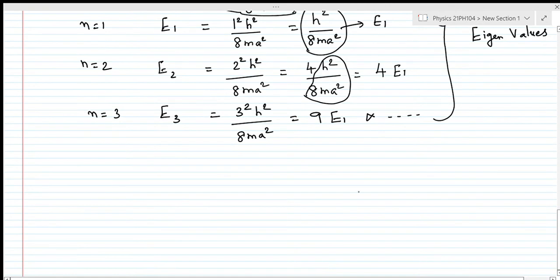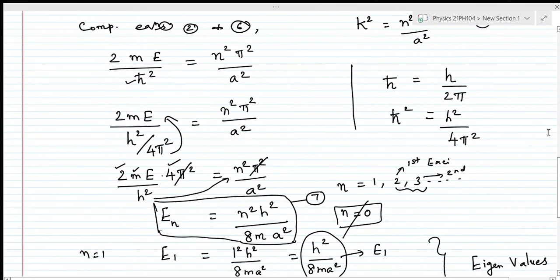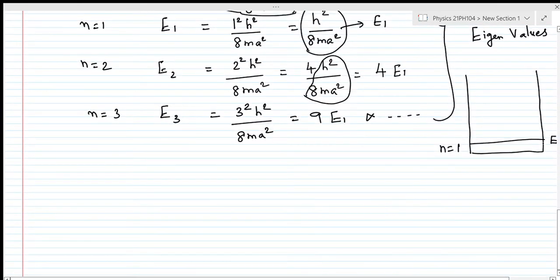The diagrammatic representation of these eigenvalues can be represented as follows. Here let n is equal to 1, then we can take this as E1. Then when n is equal to 2, this can be taken as E2, and here n is equal to 3, this is taken as E3.